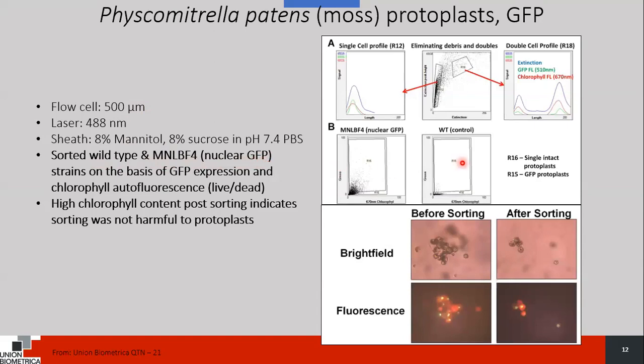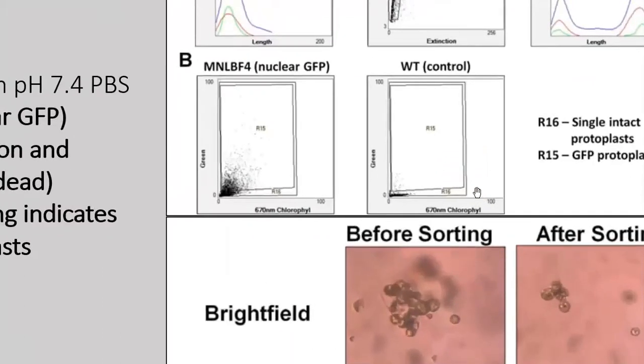And what you see here is the wild type protoplasts run, and you see very low levels of GFP. I'm going to again zoom in. Very low levels of GFP expression on your plot of red fluorescence versus green fluorescence.